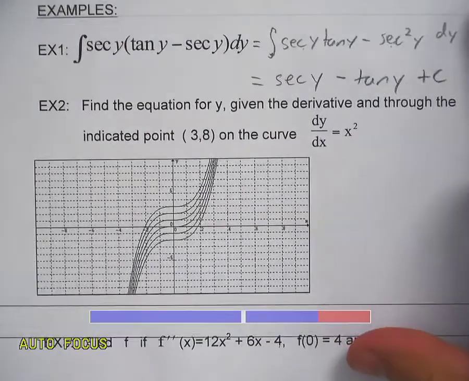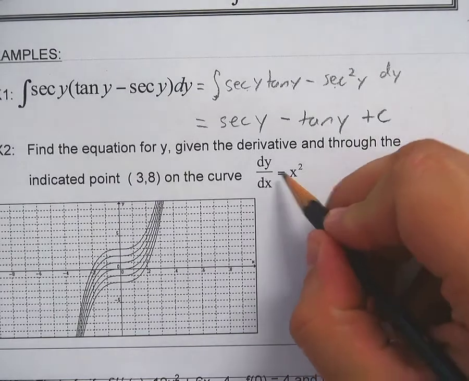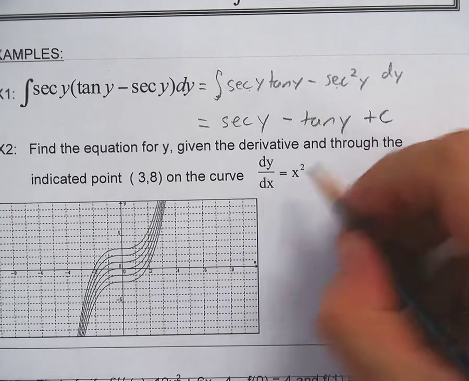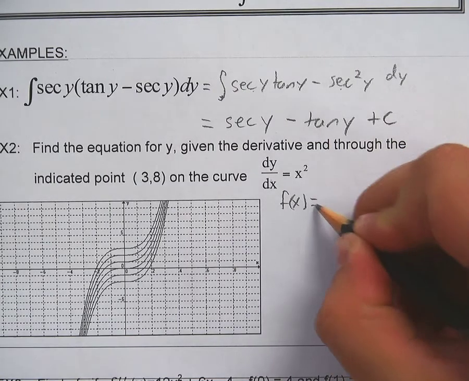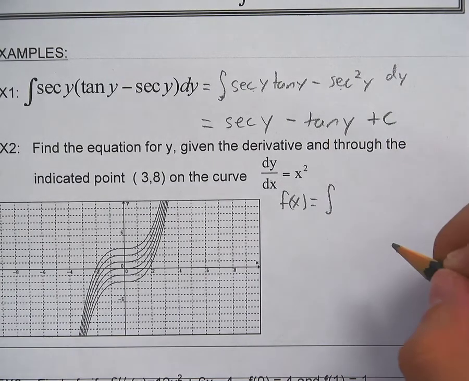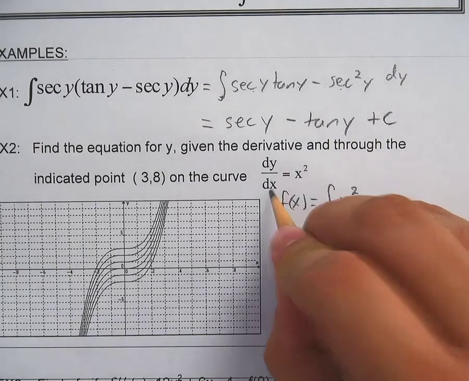Okay, so here's the derivative, right? Let me go in on this one. Here's the derivative. It's x squared. So that must mean that the function is the antiderivative of x squared with respect to x.